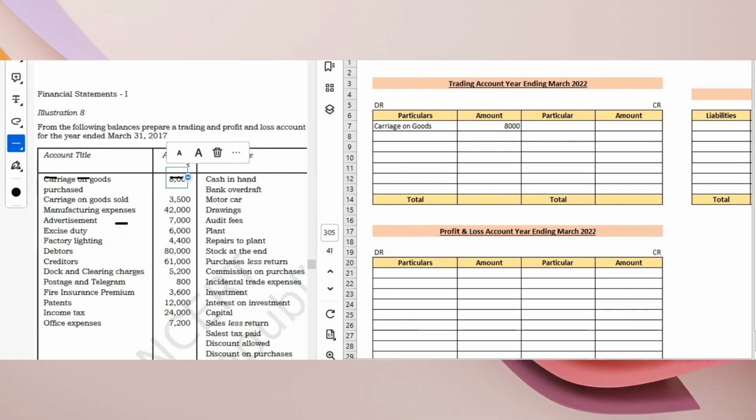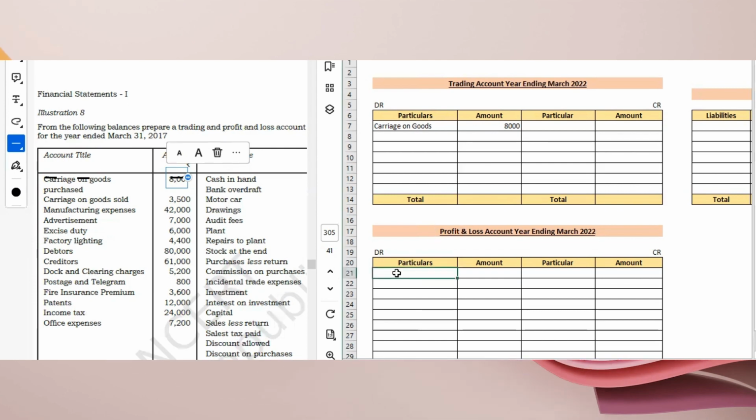It also includes transportation from one place to another, taking the product there and selling it. Such things are operating expenses. So carriage on goods sold, 3,500, comes under the profit and loss account. We will strike this out also.